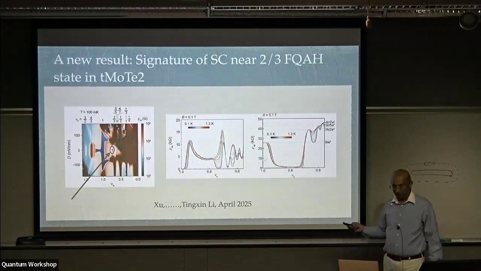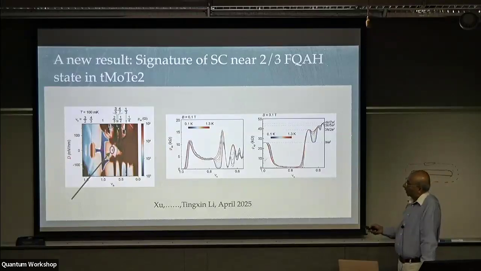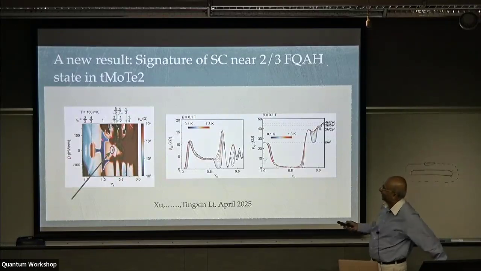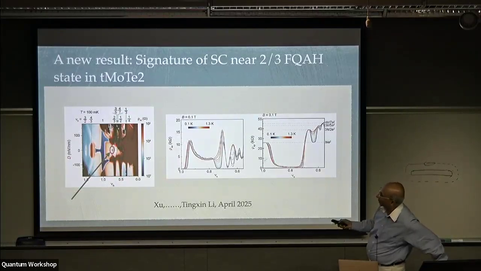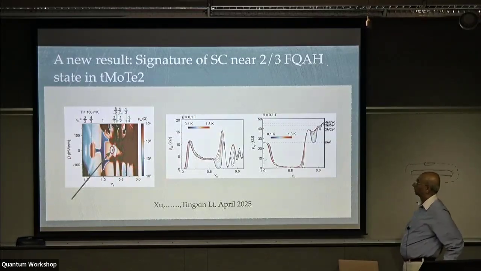And of course, since the time I made that slide, this paper appeared, which shows signatures of superconductivity near 2/3. I don't know, other people managed to extract better figures from the same paper. This is the best I could manage. So this is supposed to be the superconductor, this blue region right next to the 2/3 fractional quantum Hall state in the direction towards nu equals 1.